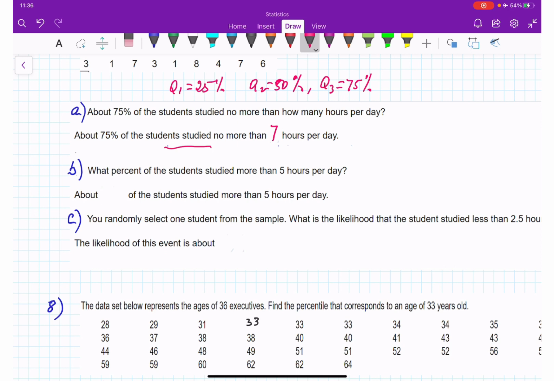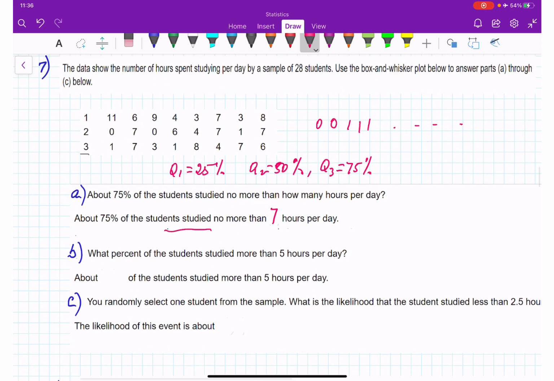We don't have 5 in the database, it goes from 4 to 6, and in total we have 28 elements here, and 4 and 6 is Q2, meaning our median.